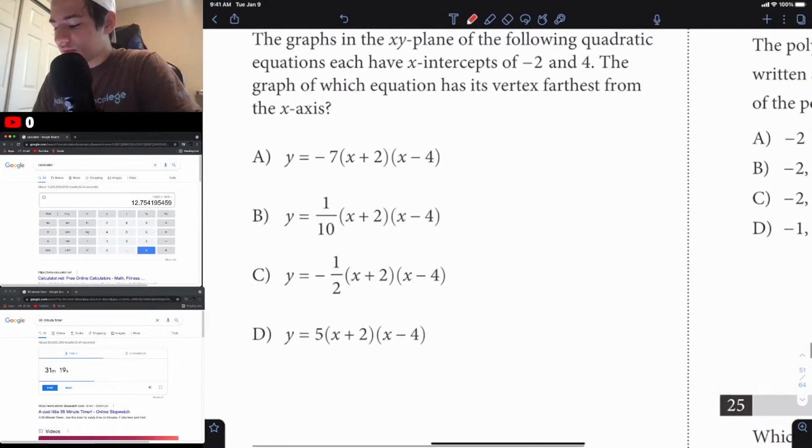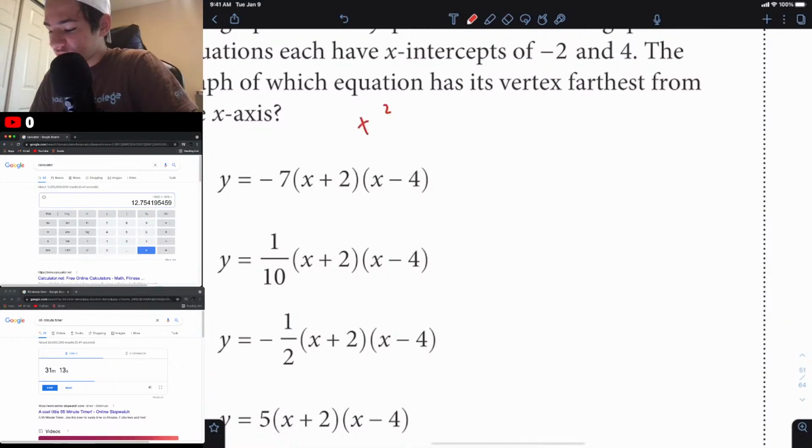But I think what we can do is I'm just going to distribute each one. It's going to suck, but it is what it is. So x squared, and then that's like this, and then it's going to be plus 2x, and then, oh wait, hold on. Oh man, this is a bad problem.